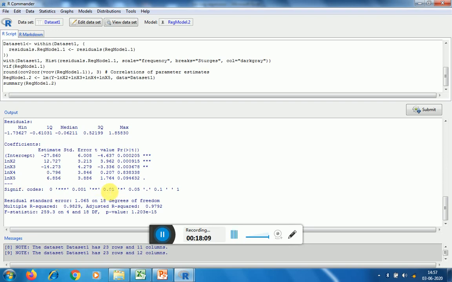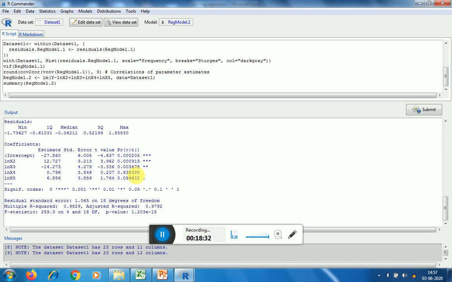The moment I eliminated this, I observe that x5 is significant but only at the 10% level of significance. Whether we should incorporate it into the model is ultimately the decision of the researcher, but many times we accept 5% as the threshold.